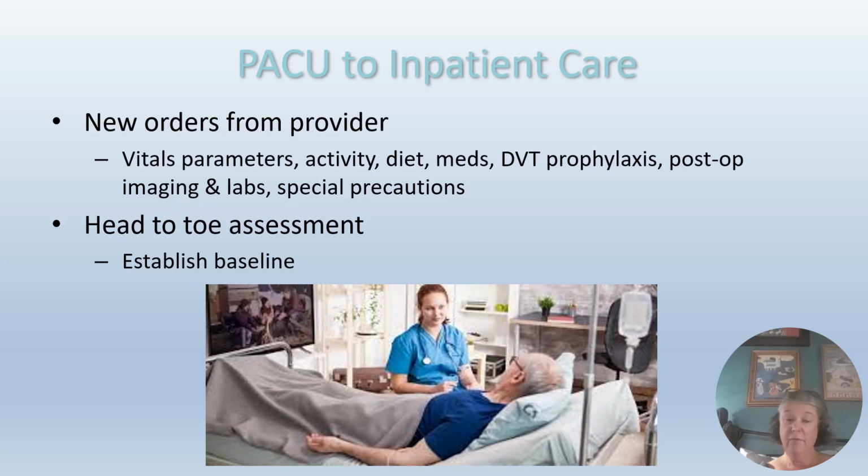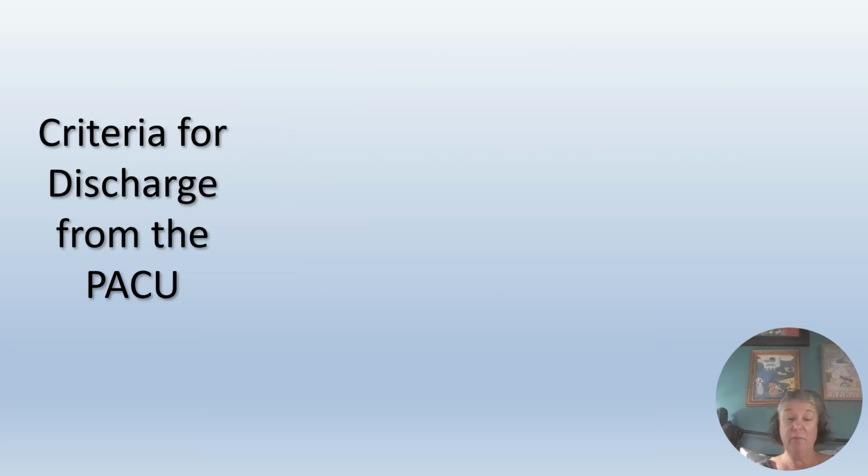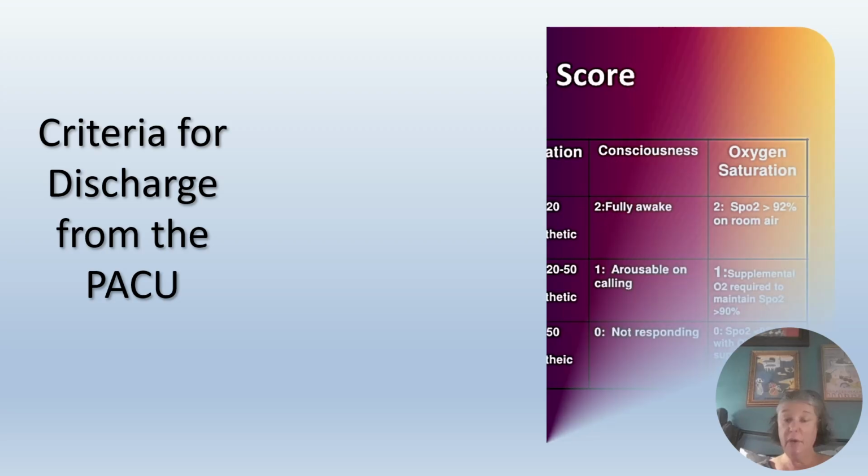I'm also going to redo my head to toe because I am re-establishing a baseline. What condition am I receiving this patient in from PACU? Okay. And then at some point, I'm going to go look back and see how that compares to the baseline in pre-op, right?